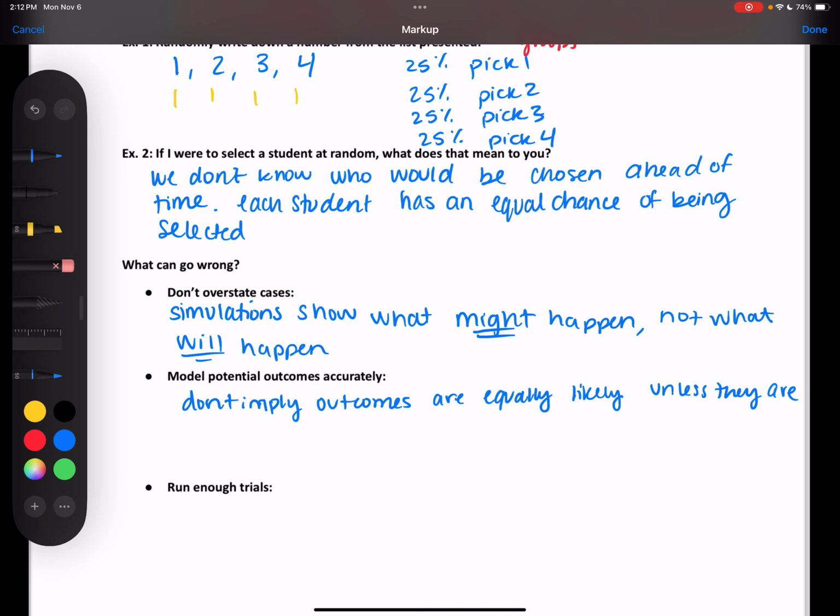And then also, don't lump together outcomes. Meaning, we need to model all potential outcomes.